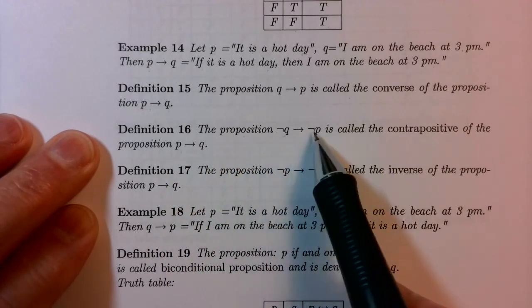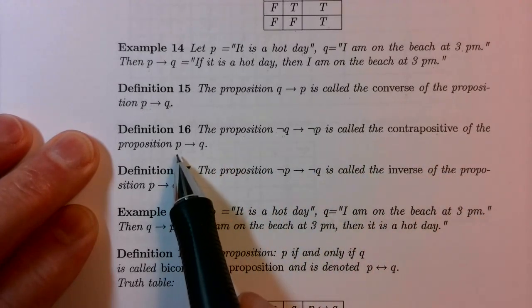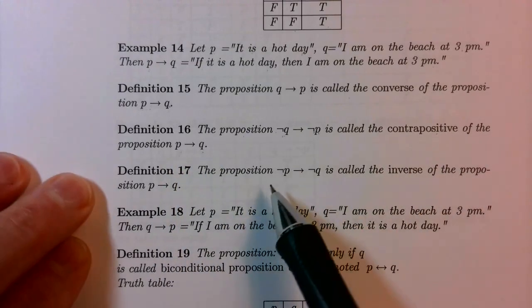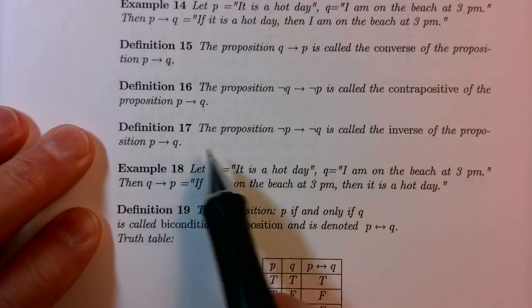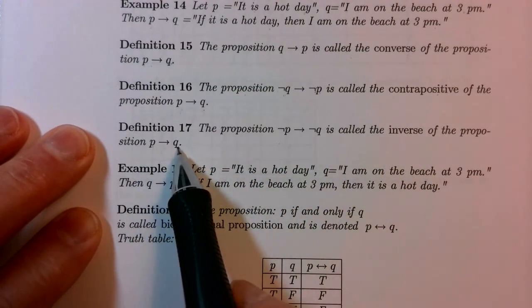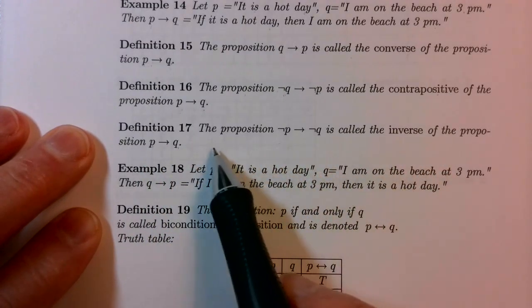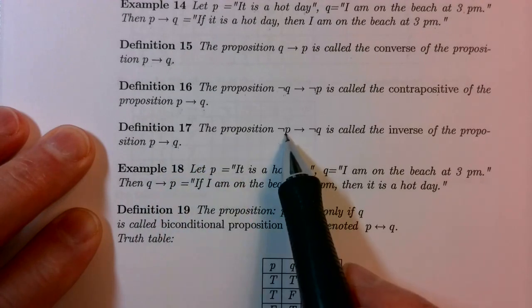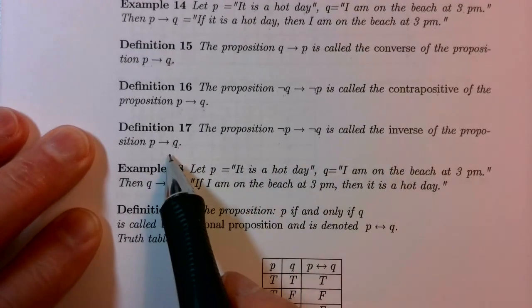If not Q, then not P is called the contrapositive of the proposition if P then Q. Still another way of forming a new conditional proposition from if P then Q is by applying negations here and here. If not P, then not Q is called the inverse of this conditional proposition.